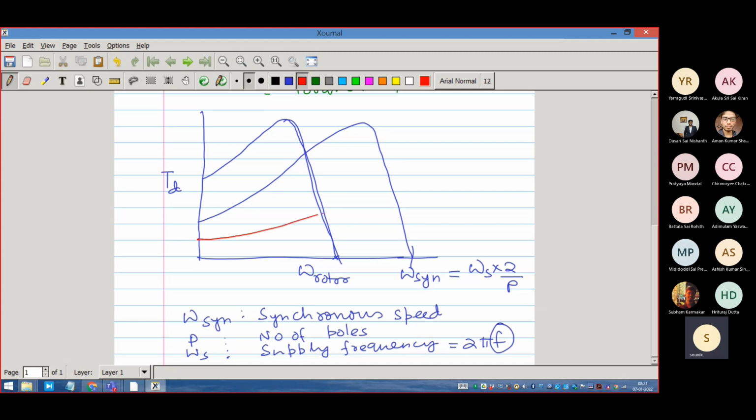Originally, given that the synchronous speed is omega sync, this would have been the original operating point, the actual rotor speed at which it would operate.